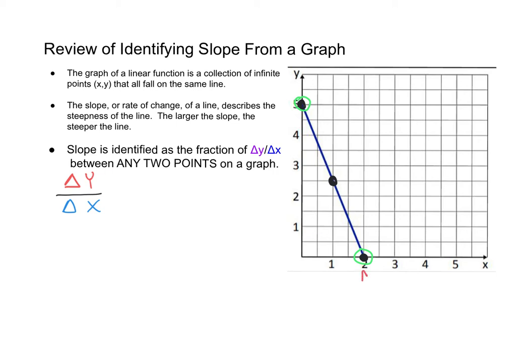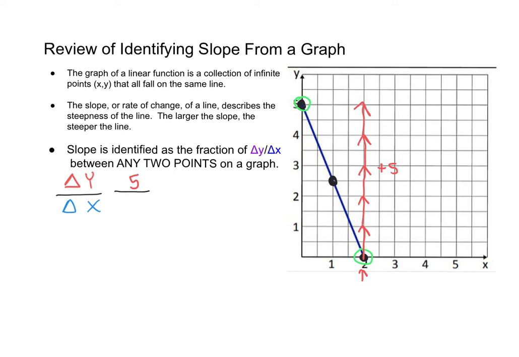So from this bottom point, in order to move up to where my top point is, I need to move up 1, up 2, up 3, up 4, up 5. So I gained in elevation from my bottom point to my top point 5. So it's a positive 5 because I was moving in the positive direction. So my numerator is going to be 5.